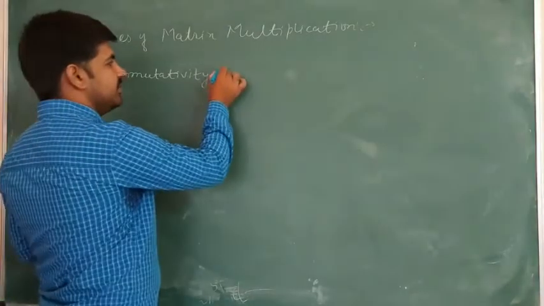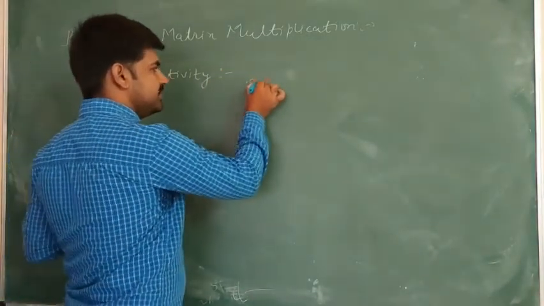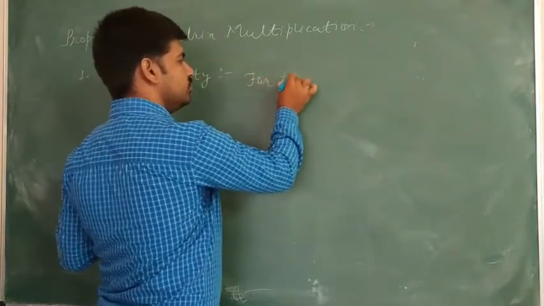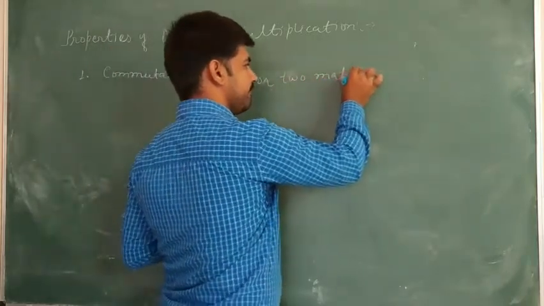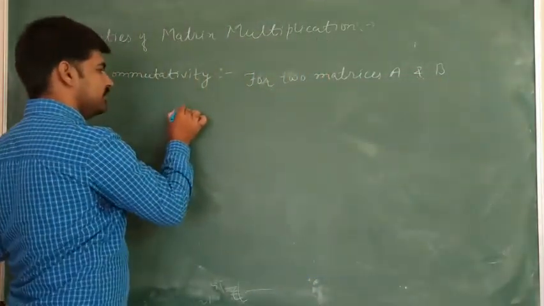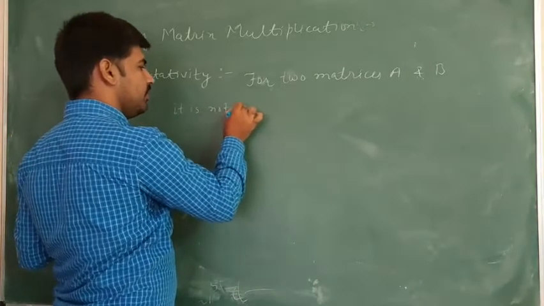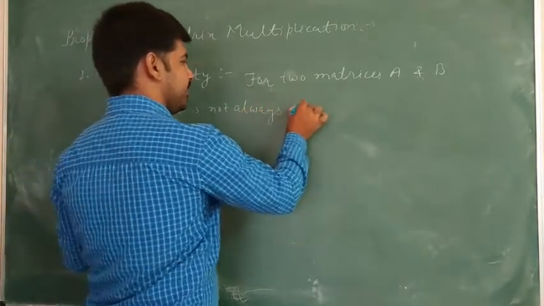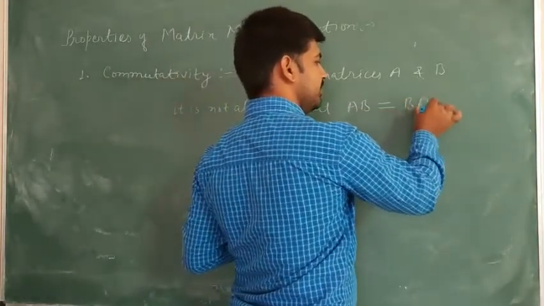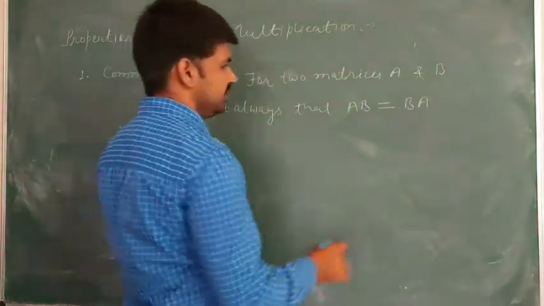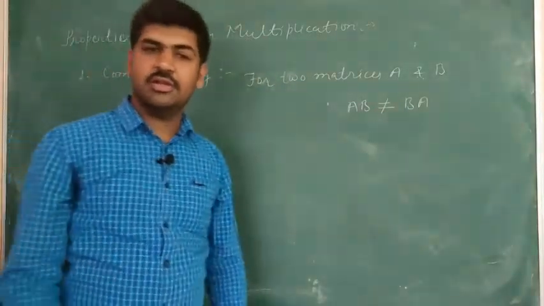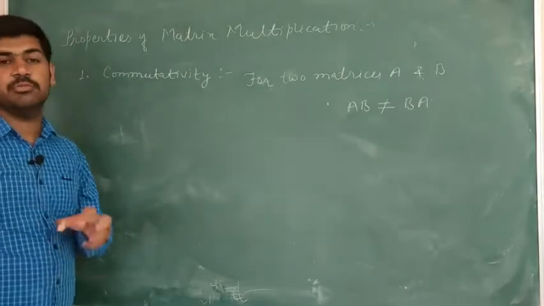Dear students, for two matrices A and B, it is not always that AB is equal to BA, or I can say AB is not equal to BA. Therefore, matrix multiplication is not commutative.